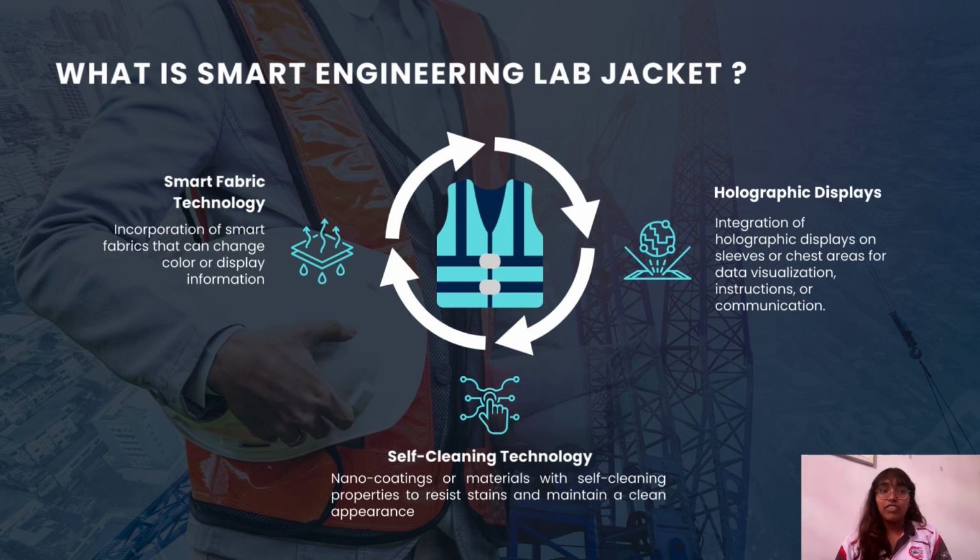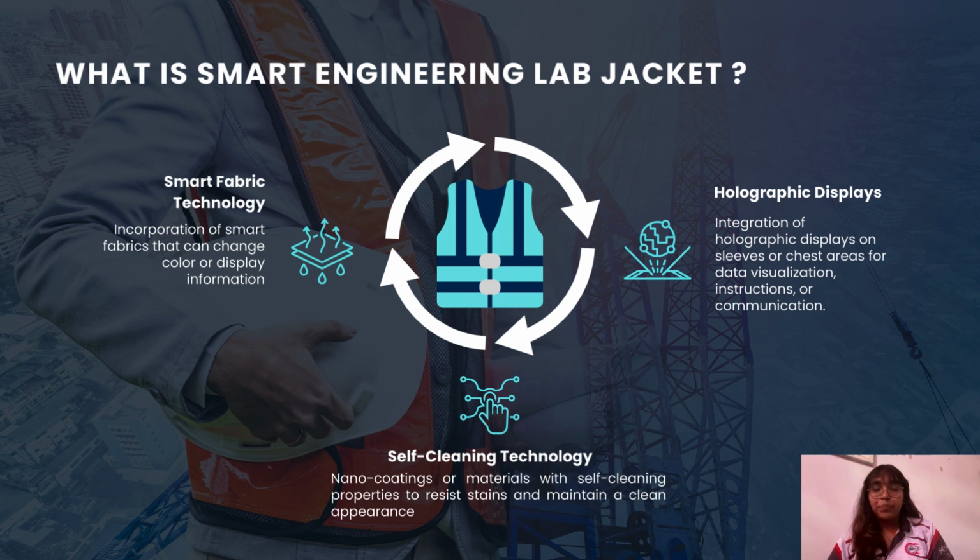This smart fabric technology has an incorporation of smart fabrics that can change color or display information. Whichever job we prefer, for example if you're working under water resources or petroleum, we can change color according to the situation.